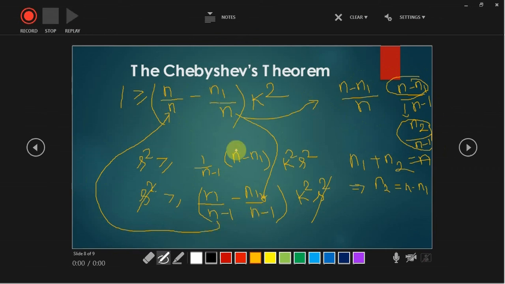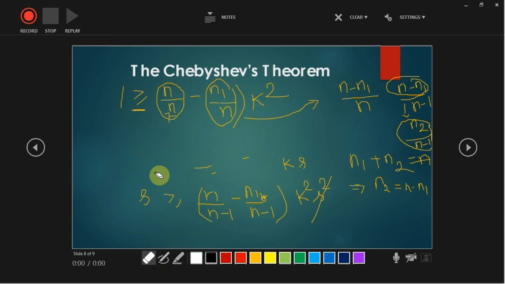So what we did here is we replaced n minus 1 by n, and we replaced the denominator by a larger number. So if we replace the denominator by a larger number, its value will further diminish. And nothing happens to this sign. This sign is still retained, which means we can safely do this.